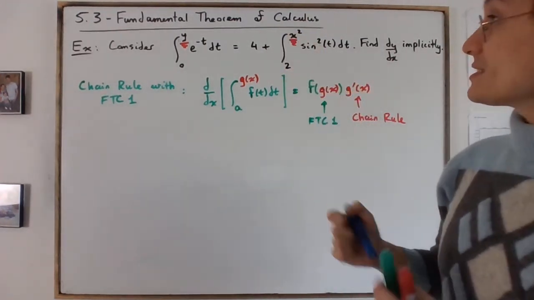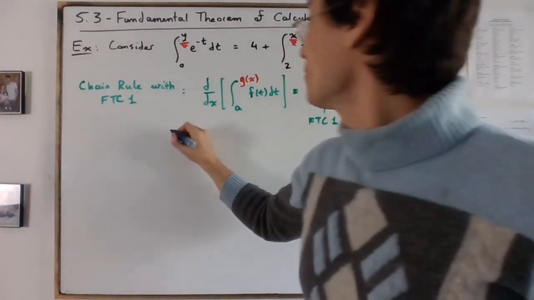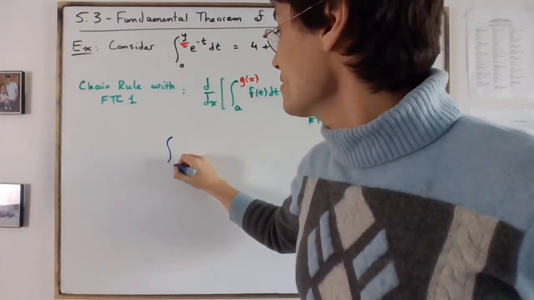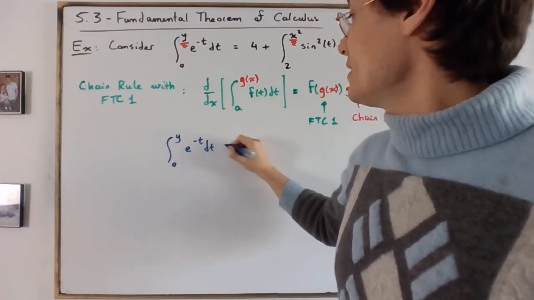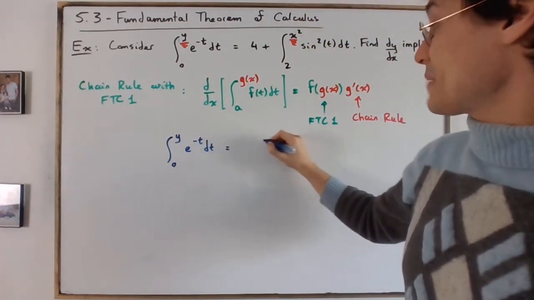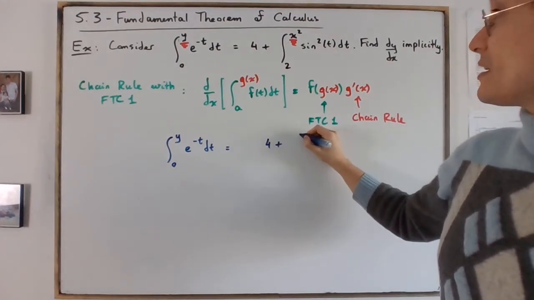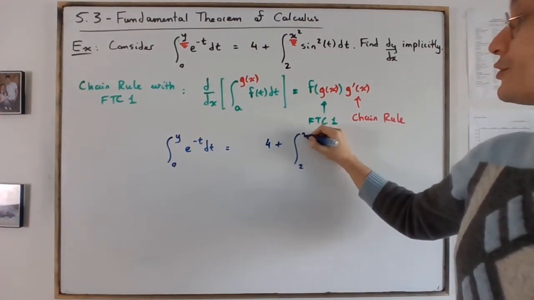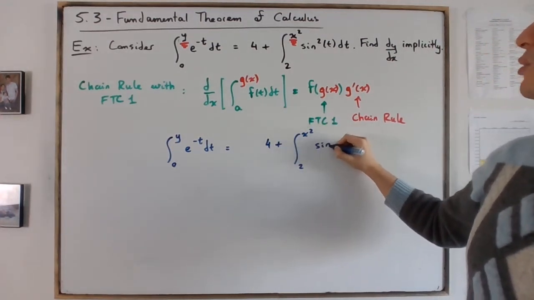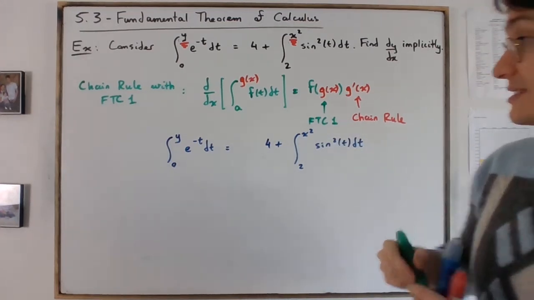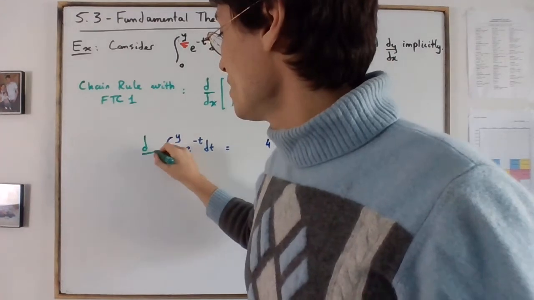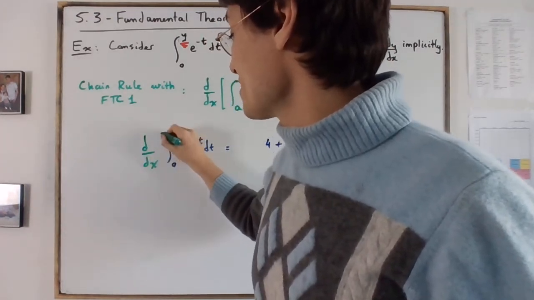So you want to write this again: the integral from 0 to y of e to the negative t dt is equal to, and leave yourself some space because you can pretty much see what will happen. What we want to do is differentiate both sides. Let's take d over dx of both sides of this equation.